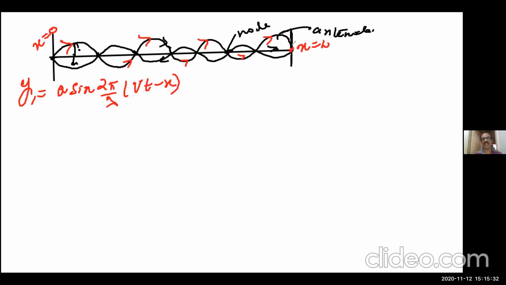It's coming back, reflecting back, isn't it? At the point x is equal to L, the wave is reflected and traveling back from x is equal to L to x is equal to 0.